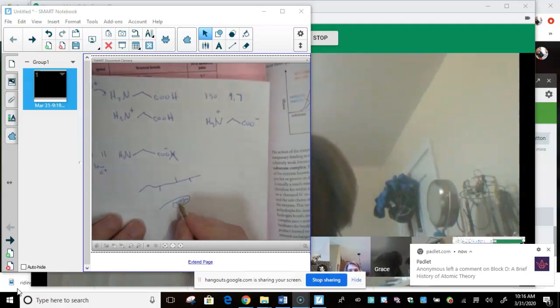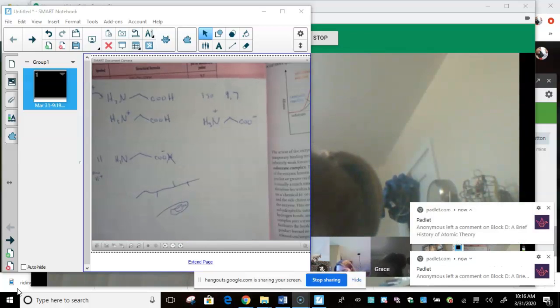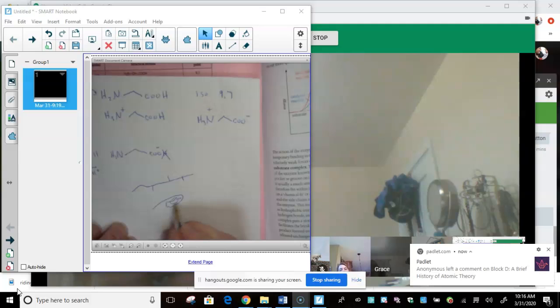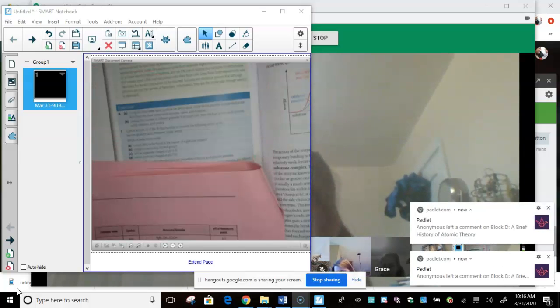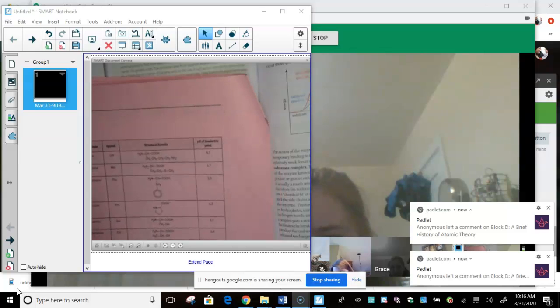So amino acids that have the most nonpolar side chains are going to be found in the center of a globular protein because it's furthest away from a hydrophilic environment, which the human body, living organisms are hydrophilic environments, so they have a lot of water present. So the nonpolar amino acids are going to be far away into the center of a globular protein. So then we would have to figure out, all right, which of the amino acids has the longest nonpolar side chains.